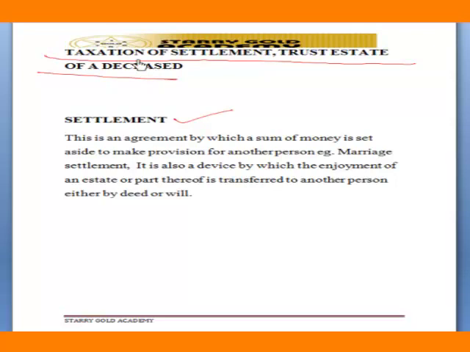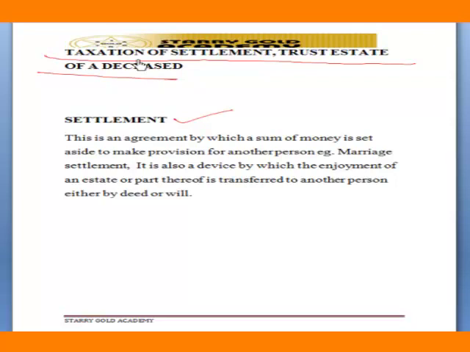Now, a settlement is a means by which provision is made for another person, where you set aside money for the benefit of another person. You say you are settling the person. It also means that you can transfer your belongings, an estate or part of it, to another person.